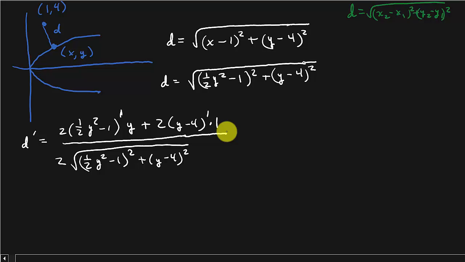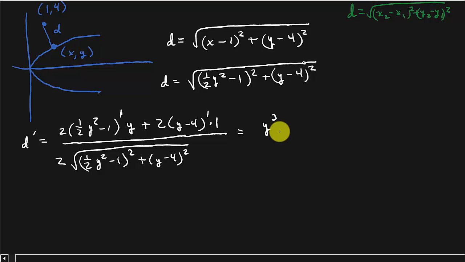All right. And so now all I need to do is just distribute, clear the parentheses here, combine like terms if I can. So let's see what we get. So this is going to be y cubed, right? Let's see.